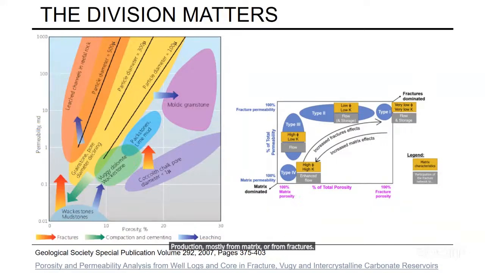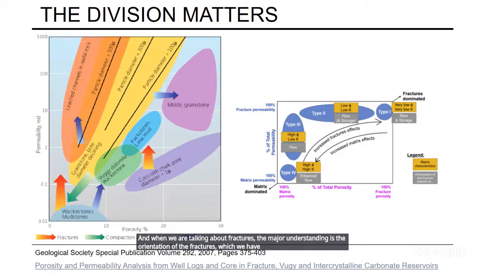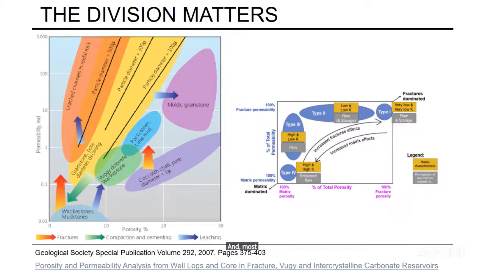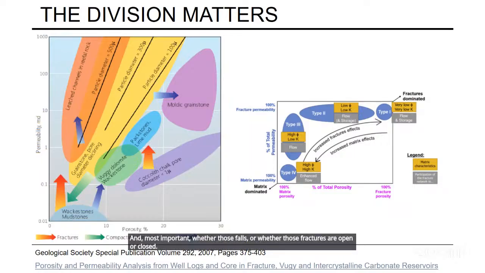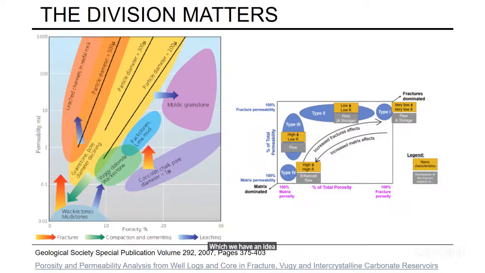When we talk about fractures, the major understanding is the orientation of the fractures, which we get mostly from the regional fault orientation, and most important, whether those fractures are open or closed, for which we get hard facts from FMI images.